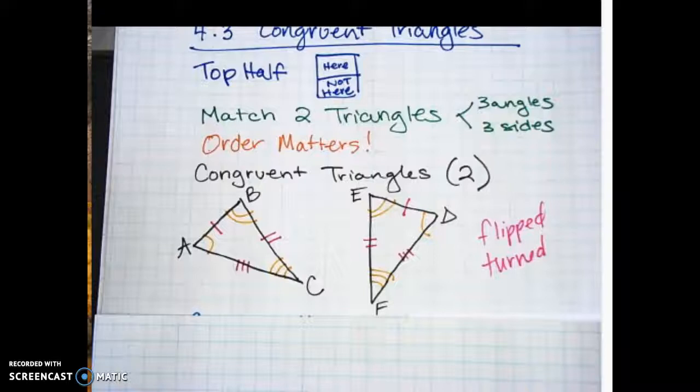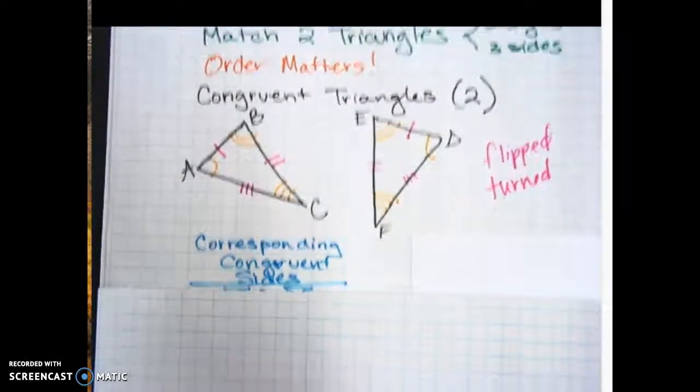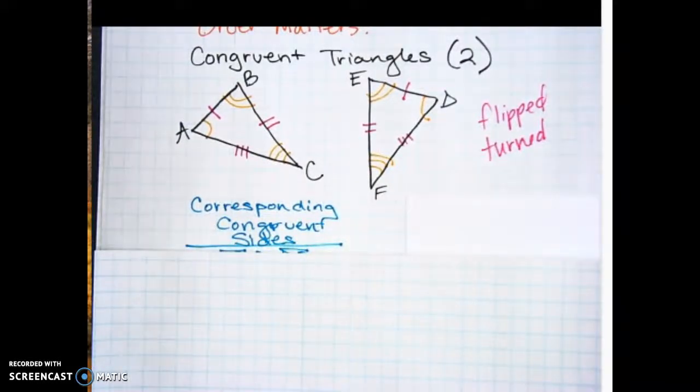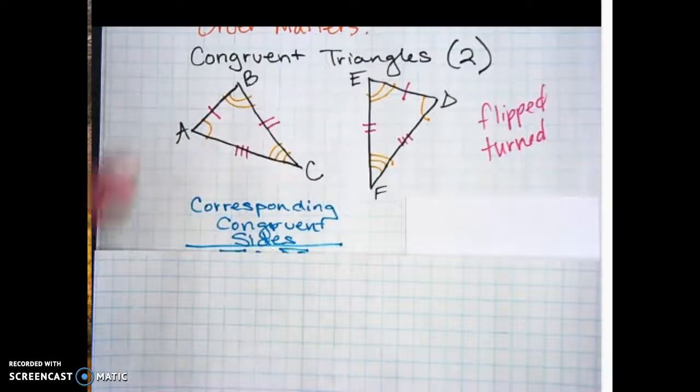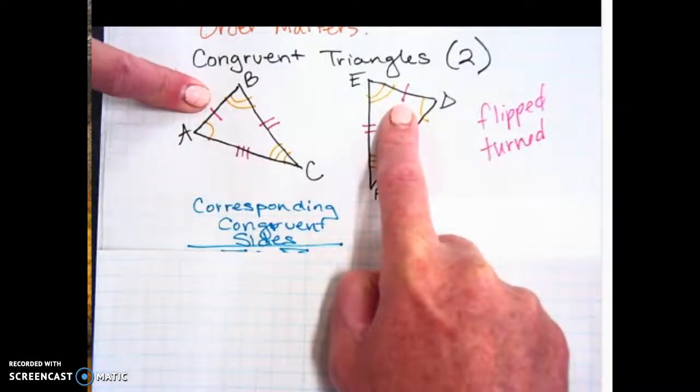So the first thing we're going to do is list the corresponding congruent sides of these 2 triangles. And the best way to do it is just to go in order. So on the sides, we have a single tick here and a single tick here. So we're going to say that those 2 sides are congruent.